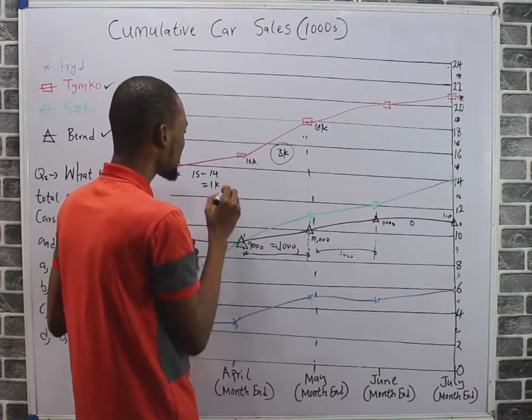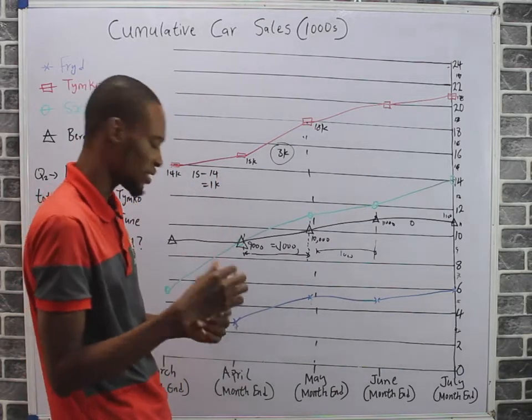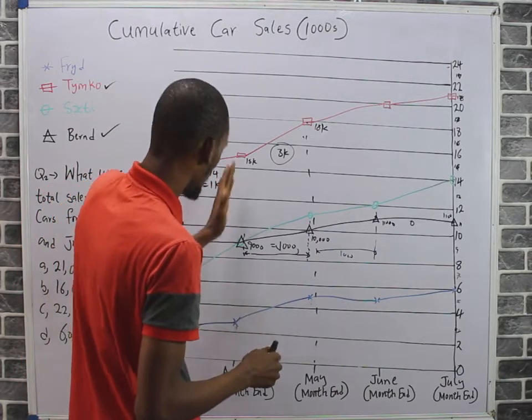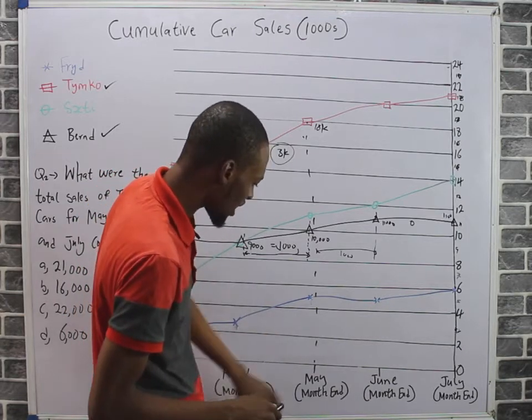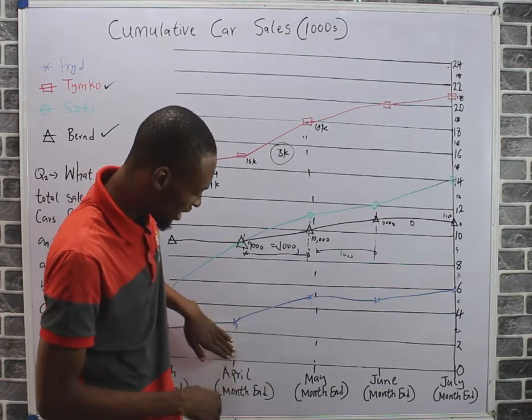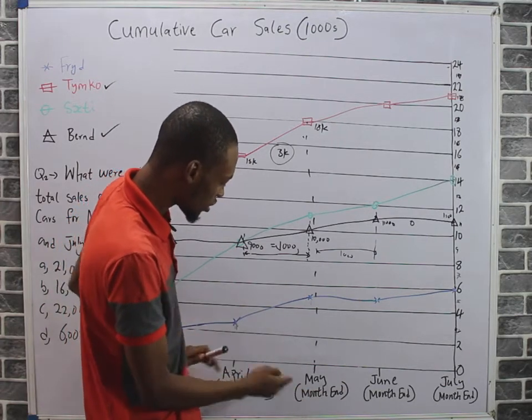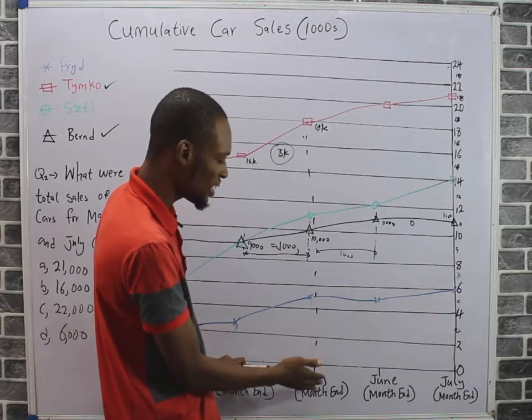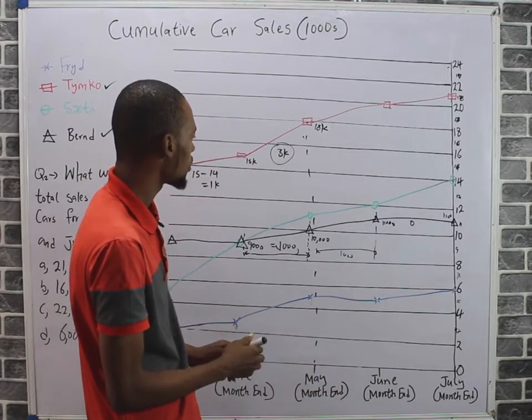That is 1,000 sales of cars. Now, between April ending and May ending is simply the month of May, because April ends here and May begins from here. So everything that is sold here represents May sales.